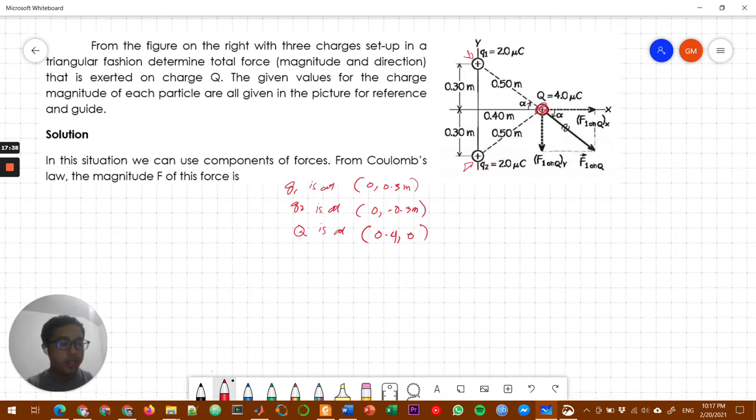So the idea is the same if you want to calculate the total force felt by charge Q because of the presence of charge Q1 and charge Q2.